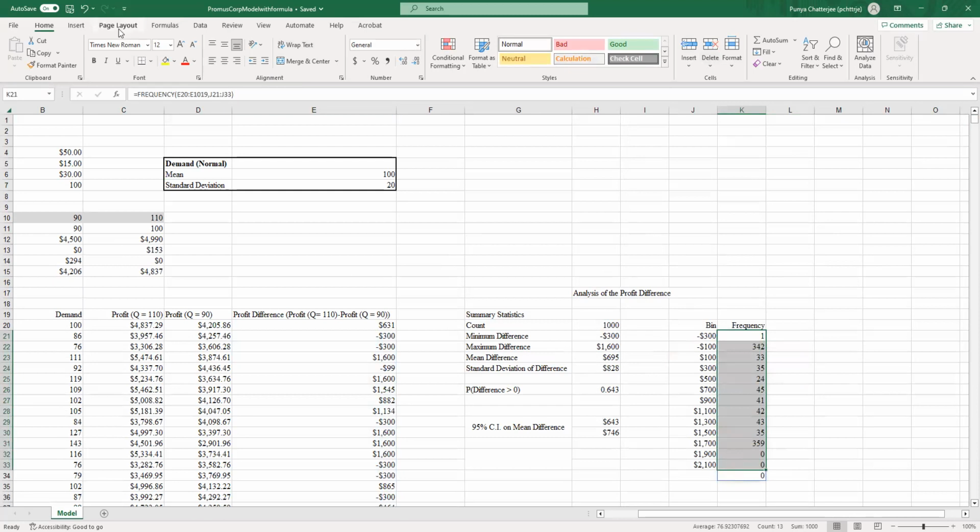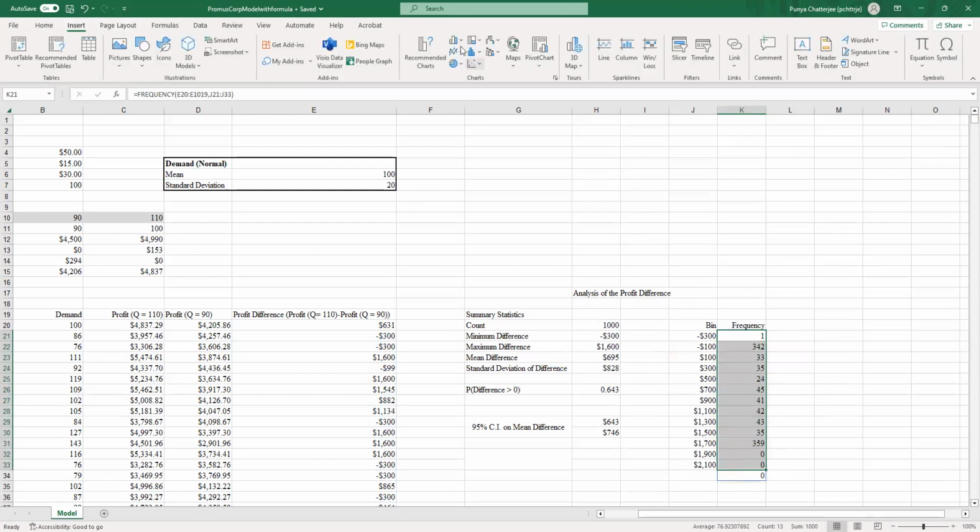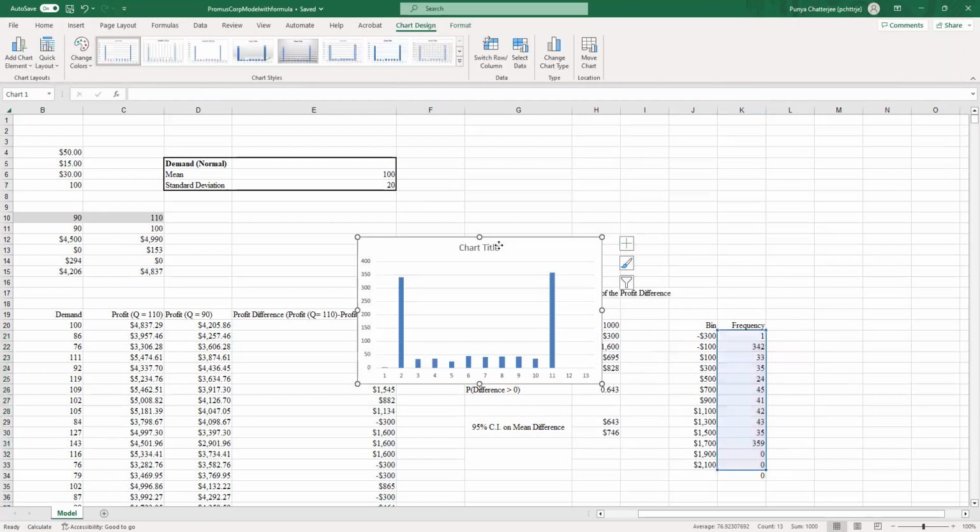I'm going to select everything and then go to insert, and then go to 2D column, and that's my chart. I'm going to name it profit for Q equals 110 minus profit for Q equals 90.